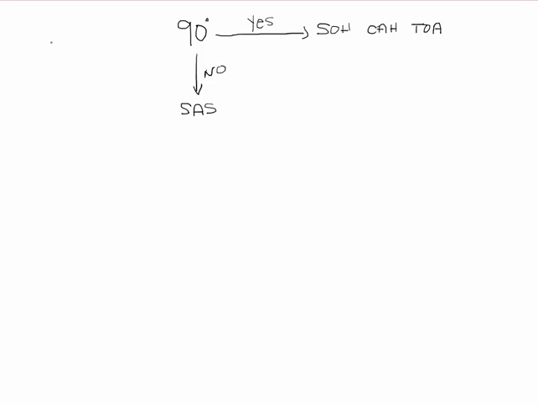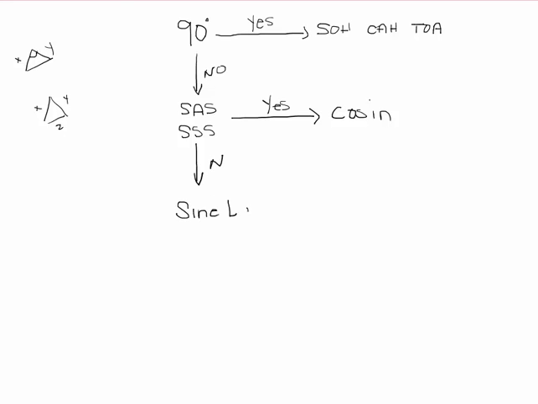Side angle side, if that's what you know about a triangle, and I mentioned that in the abbreviation above. If you know two sides and the contained angle, the angle that makes those two sides meet, that side angle side, or if you know all three sides. If I know x, y, and z, if I know the lengths of those three sides, so if I say yes to either of those checks, then I'm using cosine, the cosine law, and if I answer no, everything else would then fall under the sine law.